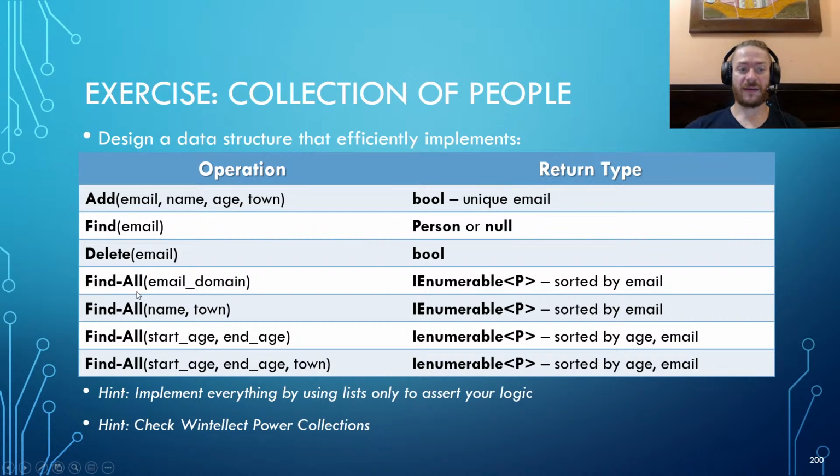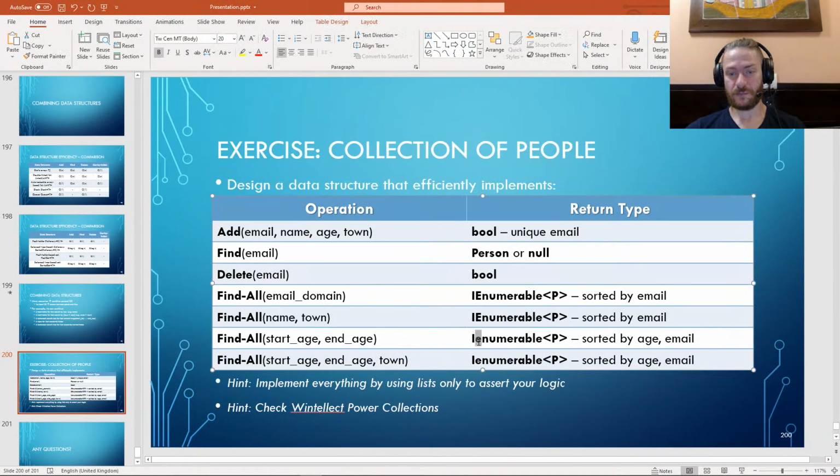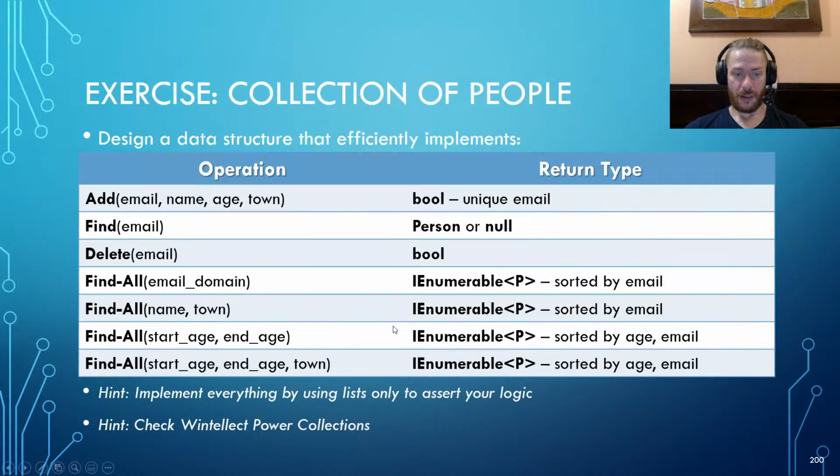You can find all which have an email domain, and you need to return the people sorted by emails. You can find all by name and town, and again you need to return them sorted by emails. You need to find all by start age and end age, again enumerable sorted by age. And you need to implement this as efficiently as possible.